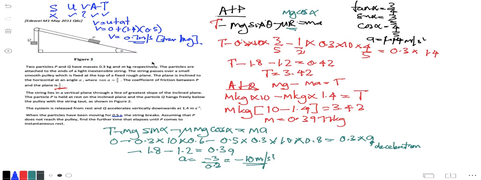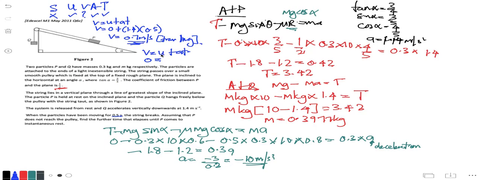We can use v equals u plus at again. This time v equals 0, because it's at instantaneous rest, and u is the same as the traveling speed we got earlier.